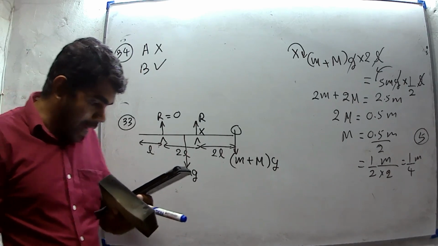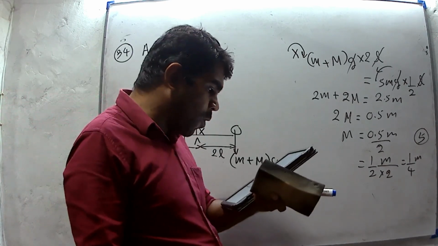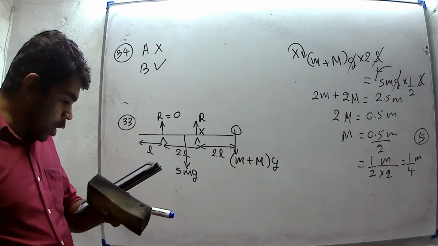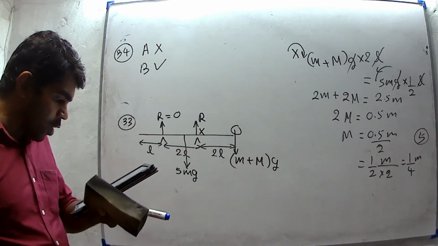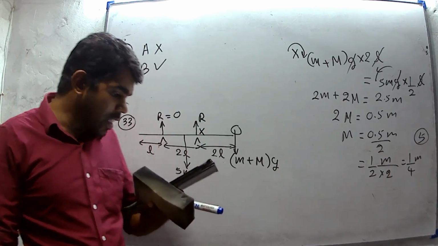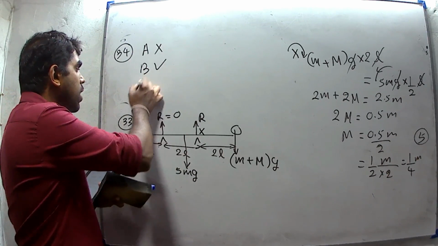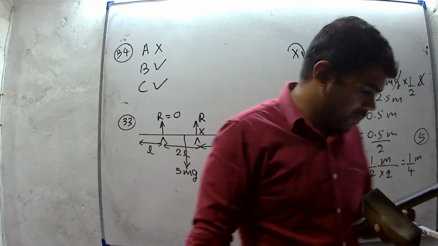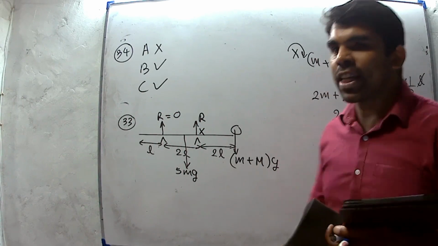C. The magnitude of the maximum force that can be applied by an individual on the rope depends on the coefficient of static friction between the feet of the individual and the surface. Yes, it is correct. The maximum force we can give the rope depends on the frictional force.